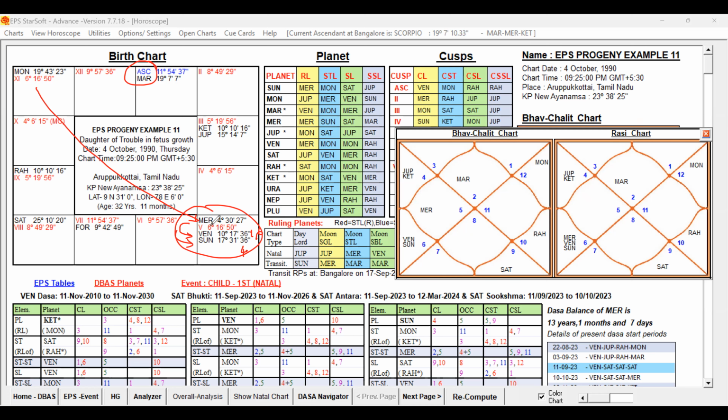Moon is third lord to the lagna, in the 11th house. You can see that Moon, the third lord, is in the sign of Jupiter, and Jupiter is posted in the sign of Moon. So Jupiter and Moon are in sign exchange, and also Jupiter is aspecting the Moon.